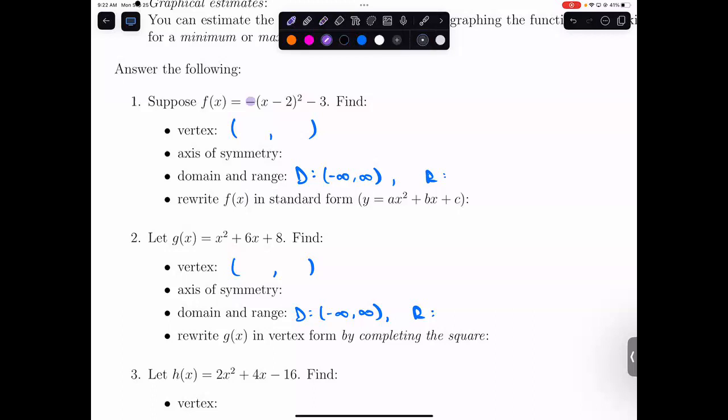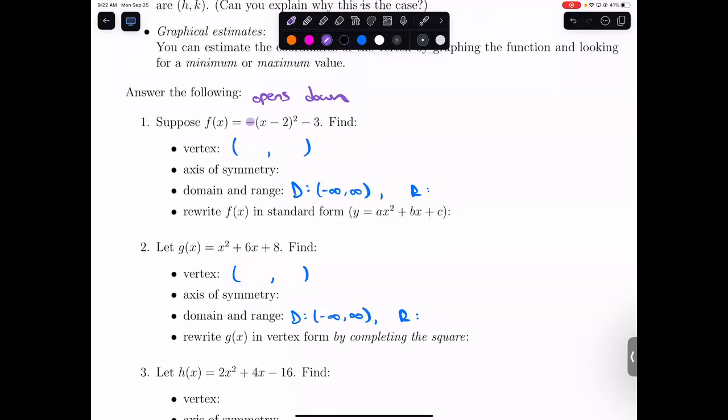Down. That negative sign out in front of the whole thing, thinking transformations, is an x-axis reflection. That means it's opening downward. So the vertex, whatever it is, is going to be the maximum value. The range is going to be negative infinity to something. I know all this just from that negative sign parked out in front.